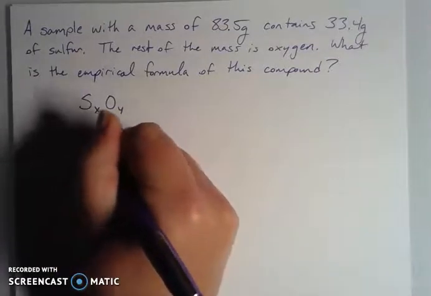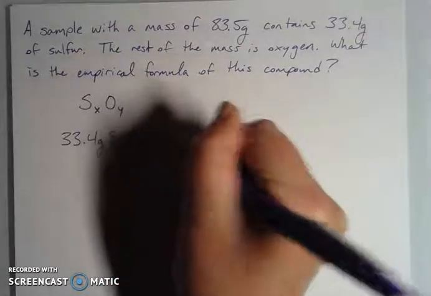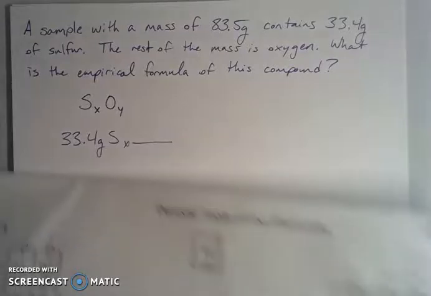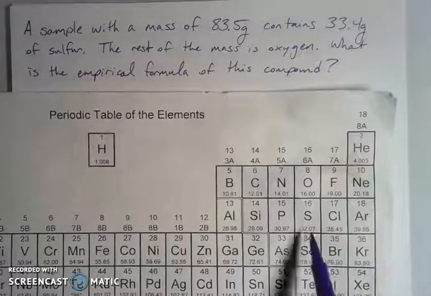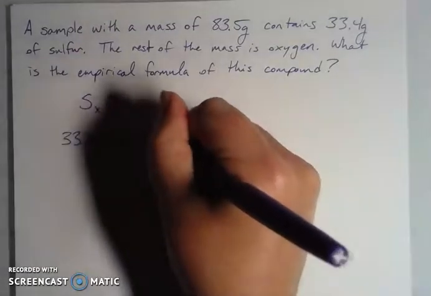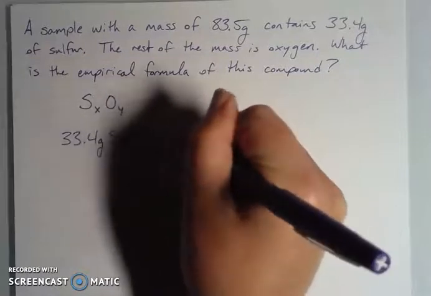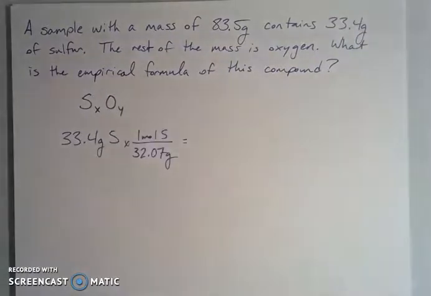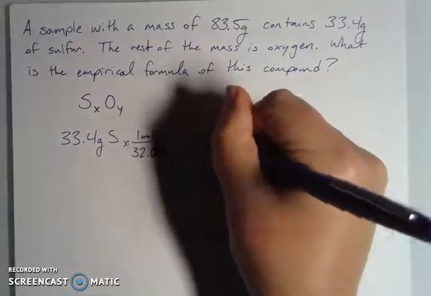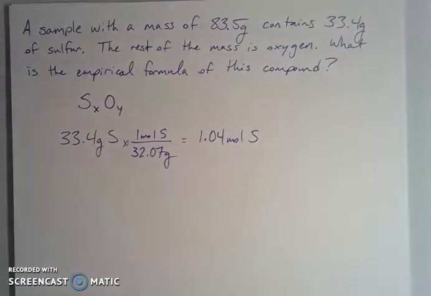So I have 33.4 grams of sulfur. Now I want to go from grams of sulfur to moles of sulfur. So in order to do that, I need to go to the periodic table, look up my molar mass of sulfur. For every 1 mole of sulfur, I have 32.07 grams. And from here, I see that I have 1.04 moles of sulfur in that many grams.